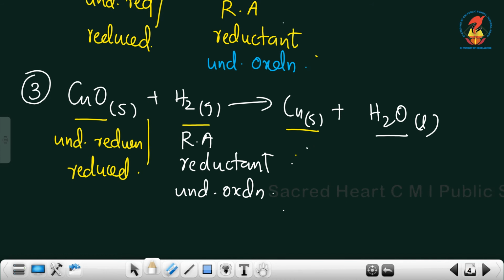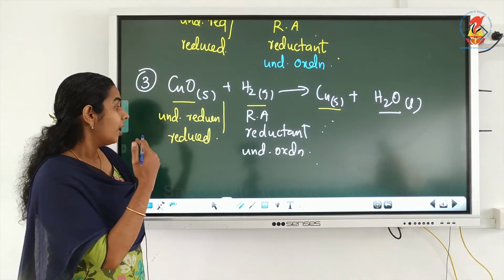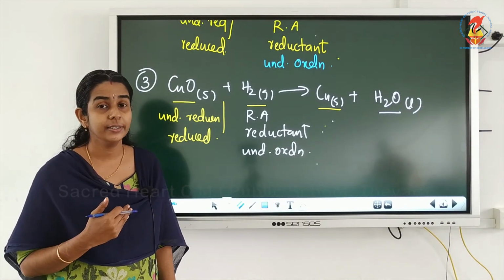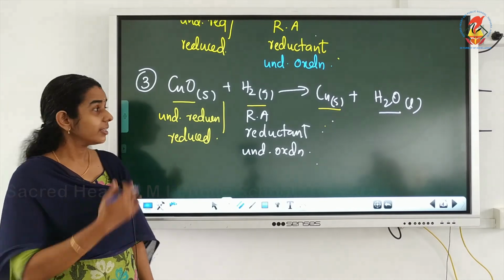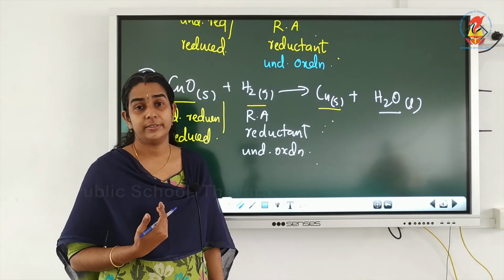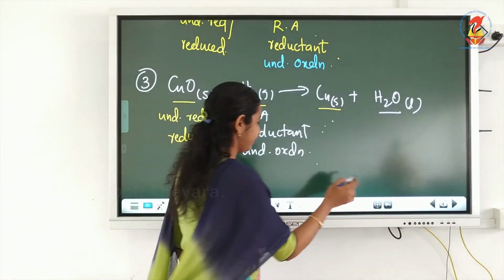So remember, a reducing agent will always be undergoing oxidation, and an oxidizing agent will always be undergoing reduction. So this is about oxidation and reduction with examples.